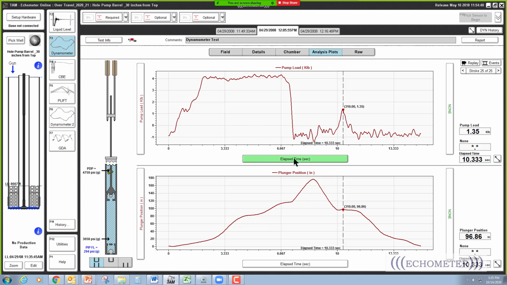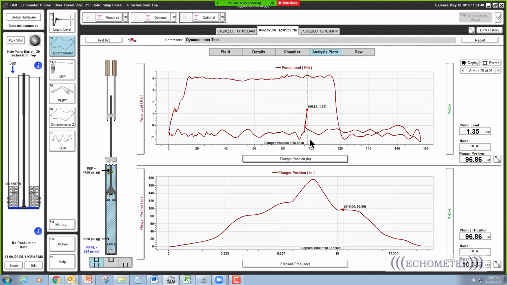Well, if we plot it versus position, we say, oh no, it's not a tag. It's just the pump stopped there due to harmonic, and so this is the plunger stopping on the downstroke due to that sudden release and load, and that's what that line represents right there. And usually that's an increase in fluid load because when the plunger stopped, it just went up a little bit. Look right there, it just goes up.